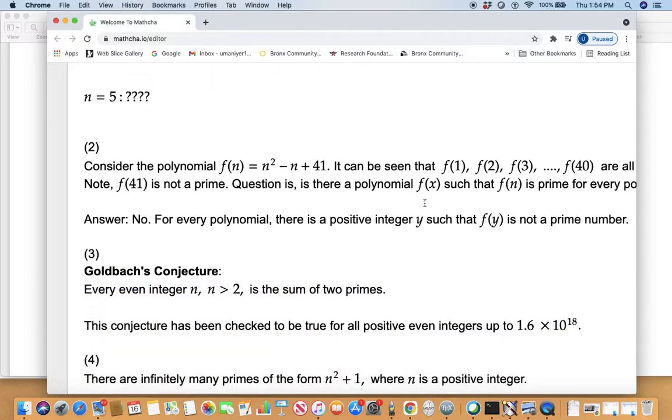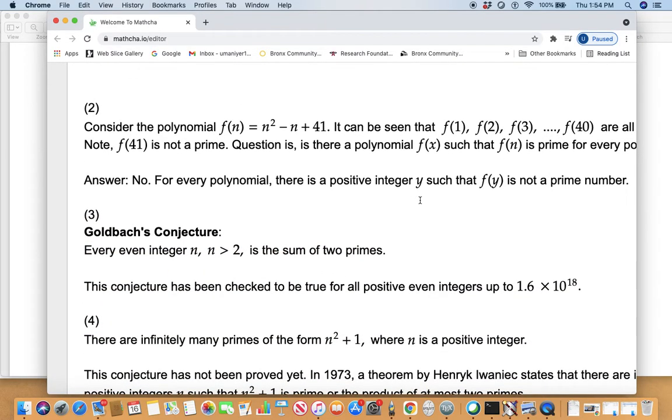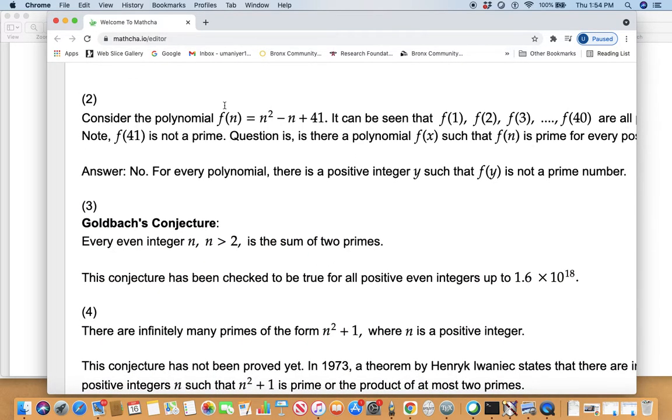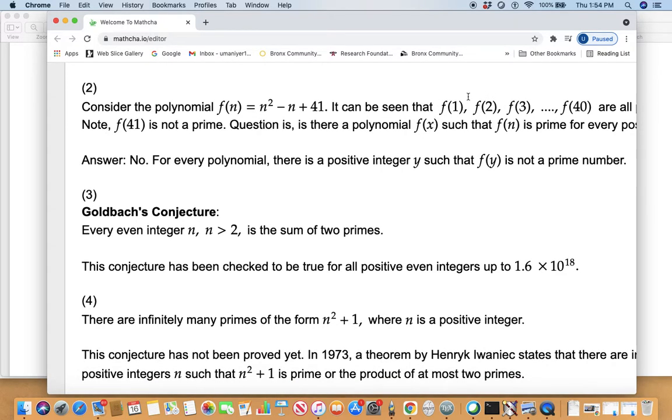Okay? Here is another interesting problem. Consider the polynomial f(n) = n squared minus n plus 41. One can check f(1), f(2), that is, evaluate this polynomial when n is 1. You will get a prime number. Evaluate when n is 2, you will get a prime number. Evaluate when n is 3, you will get a prime number. Keep going.